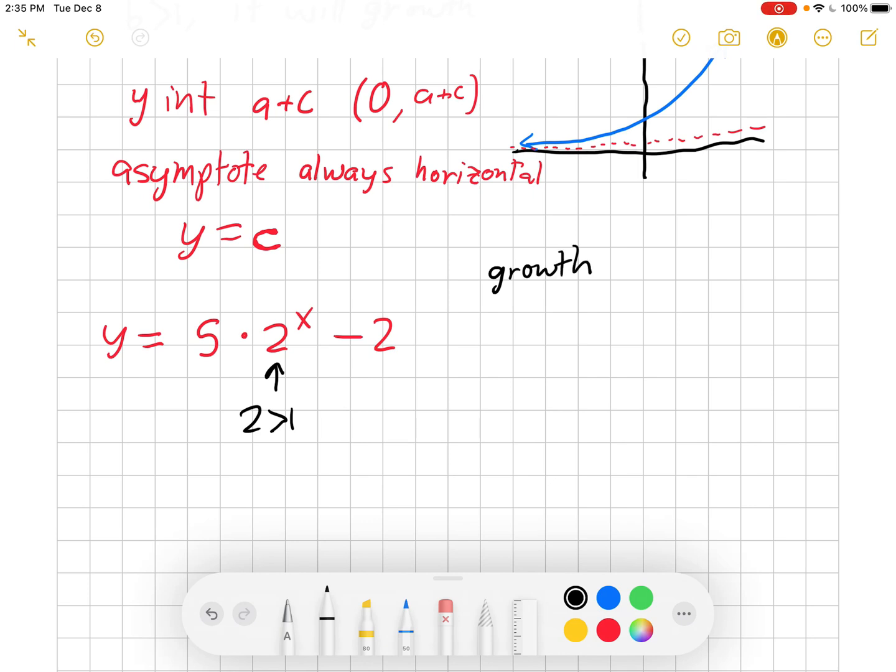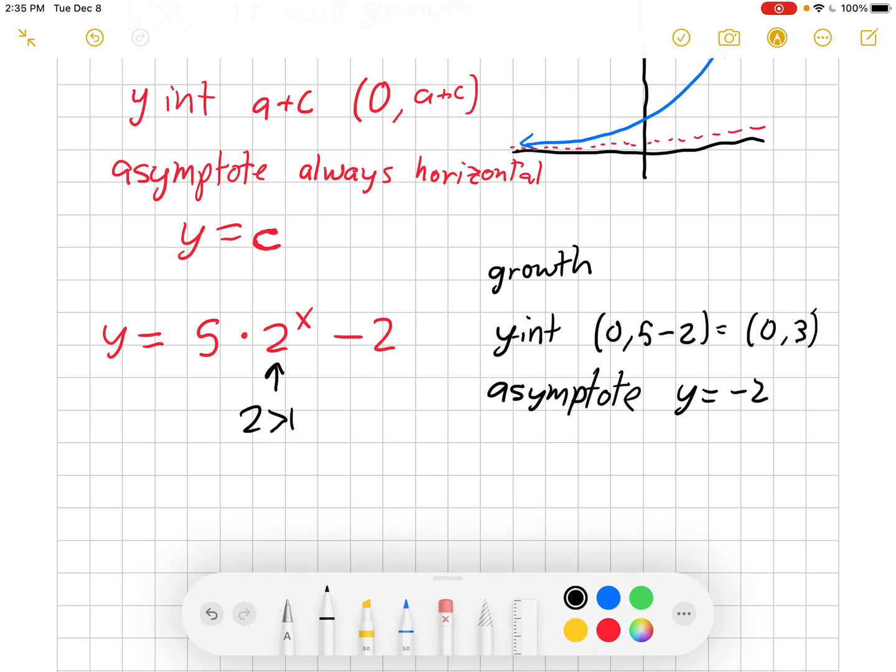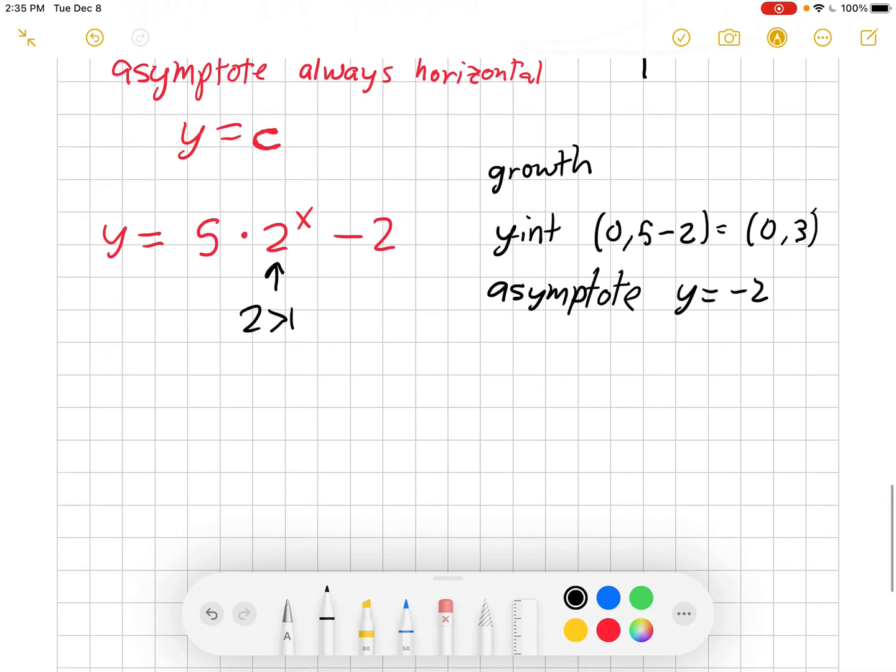And we can figure out that the y-intercept is going to be 0, 5 minus 2, which would be 0, 3, and that the asymptote would be at y is equal to -2. So we could graph that fairly easily from this point.